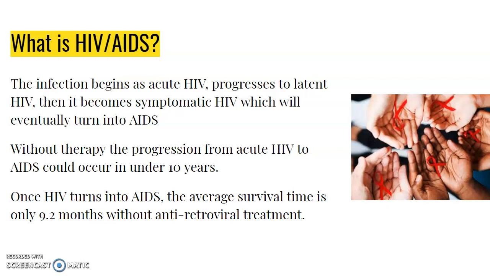Without therapy, those who have HIV can rapidly progress to having AIDS in under 10 years. Once people develop AIDS, the survival time is only 9.2 months. So if you have AIDS, which is an advanced form of HIV, without treatment, death is imminent.